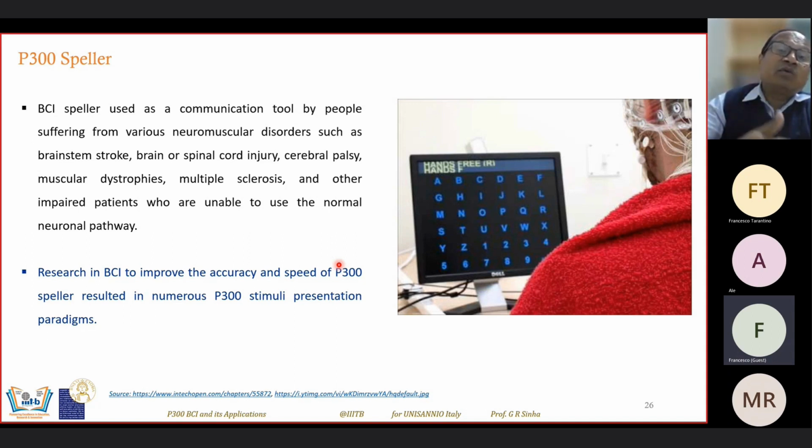Whatever he or she wants to do can be performed by generating certain features, and classified features can generate certain commands. Therefore, accuracy is very important. The speed of the BCI, how fast the response comes, is very important in order to ascertain that the P300 stimuli are effective and actually helping people who have certain kinds of neuromuscular disorders.